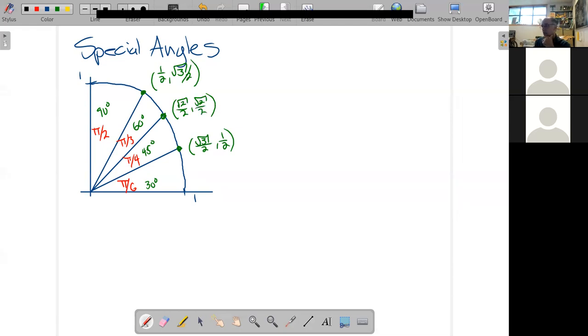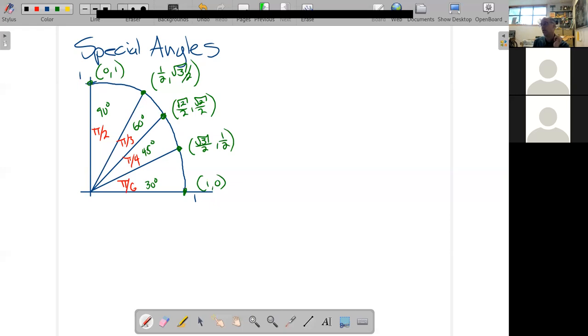Okay, down here, 0 radians or 0 degrees is also important. That gives us the point x equals 1, y equals 0. And at pi over 2, that gives us the point 0 for x and 1 for y. So these are the special angles, and we can reflect these points around to the other 4 quadrants. I'll draw that out in just a second. But I just want to continue a little bit more with these.